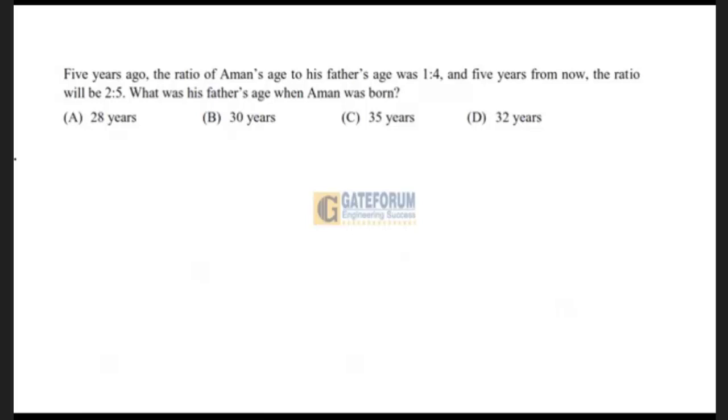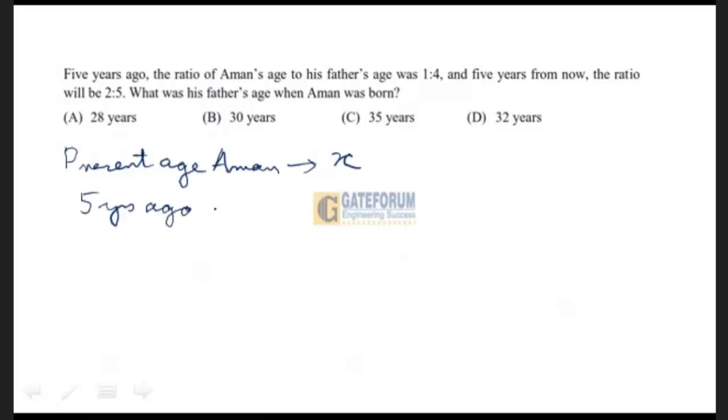So let us suppose the present age of Aman be X. In that case, 5 years ago, the age of Aman would naturally be X minus 5.